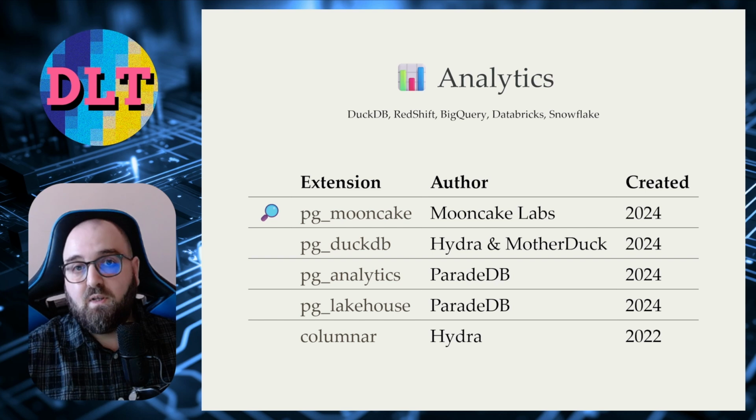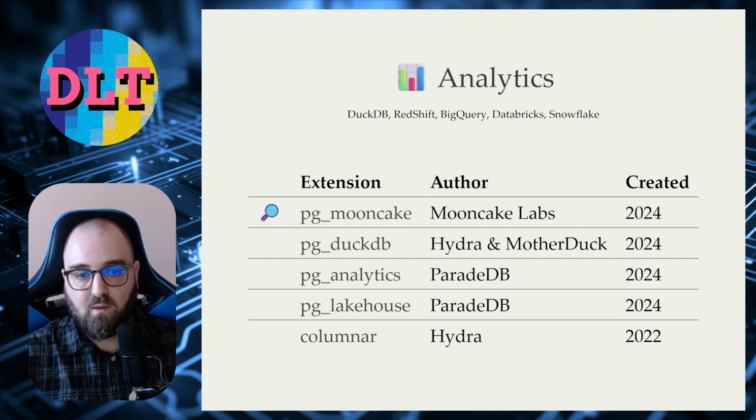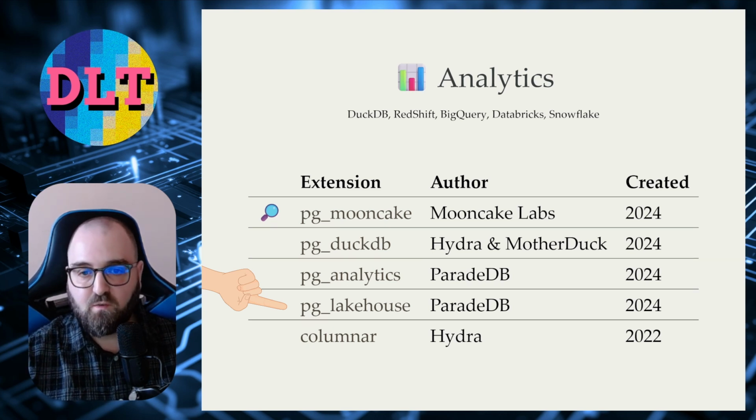So now turning our attention into Postgres, we collected extensions that could help us store data in a columnar format and support analytics tasks. We found columnar, which is by Hydra. Then there is PG Lakehouse, but it's been deprecated. This was created by ParadeDB, initially using Apache Data Fusion, which is a query engine based on Apache Arrow.